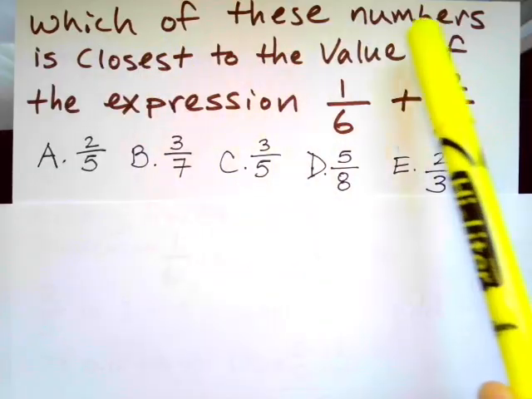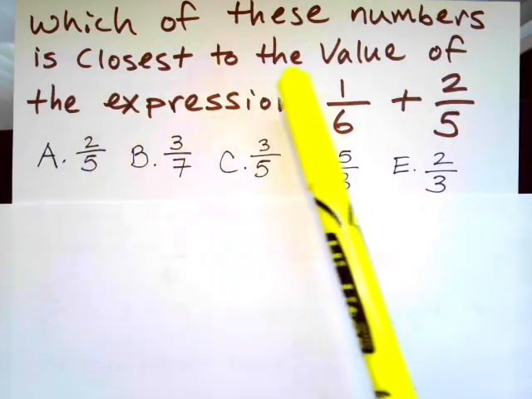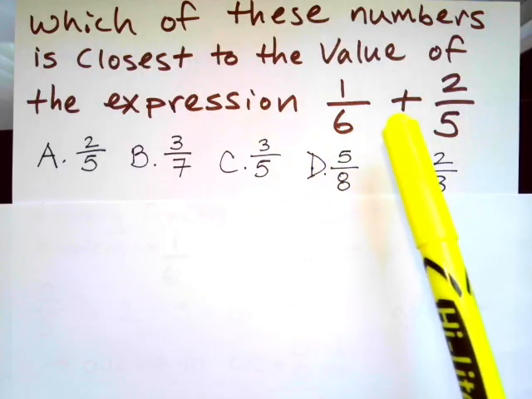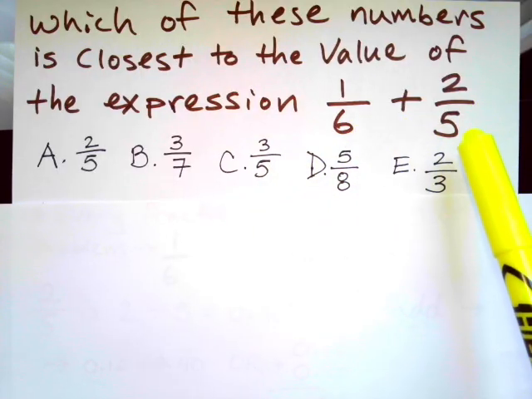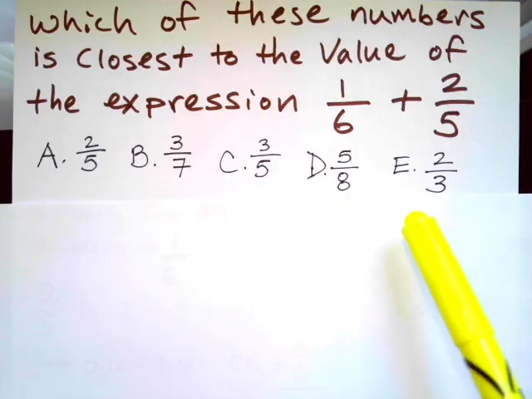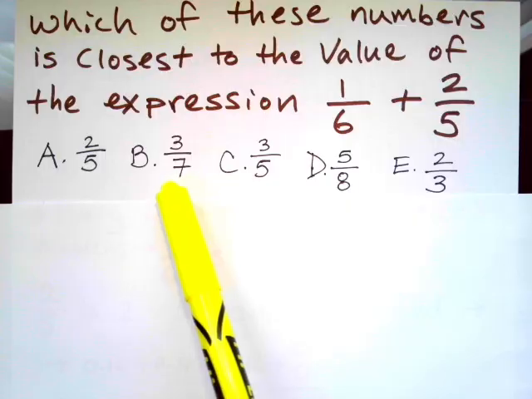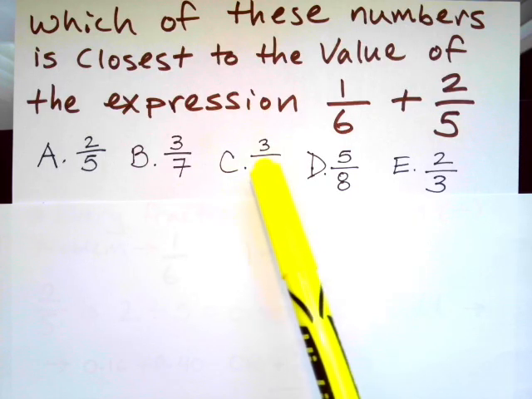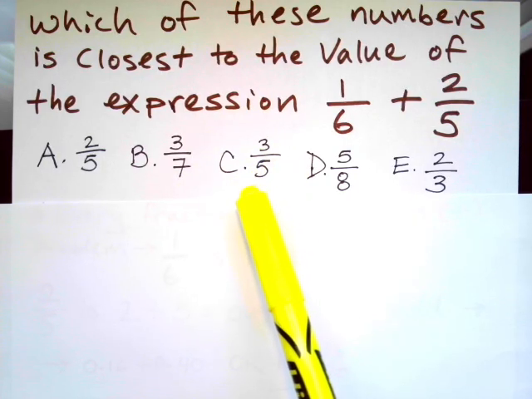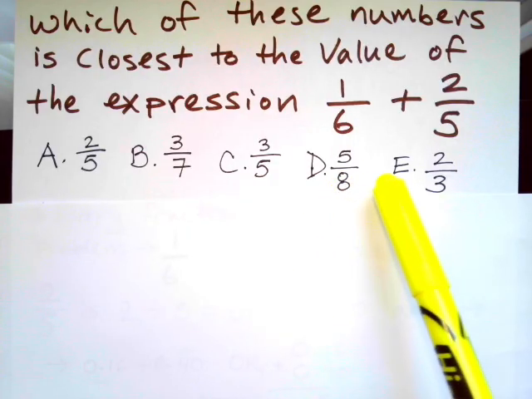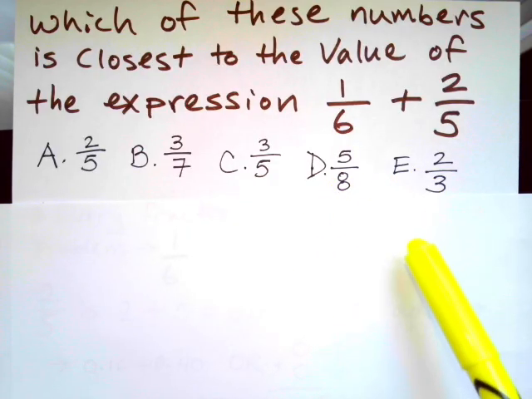Which of these numbers is closest to the value of the expression 1/6 plus 2/5? A, 2/5, B, 3/7, C, 3/5, D, 5/8, E, 2/3.